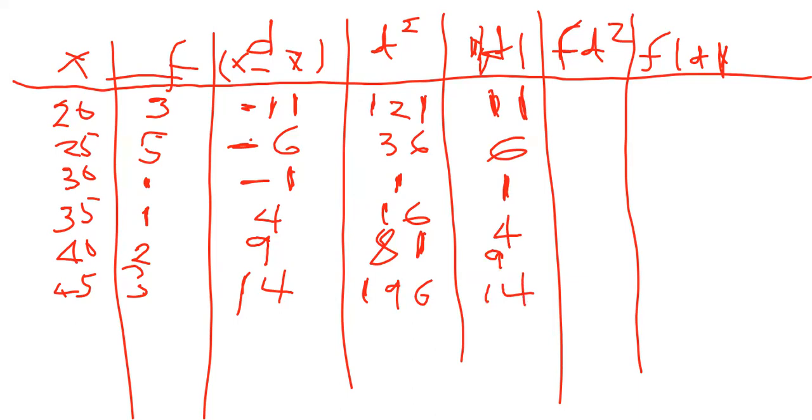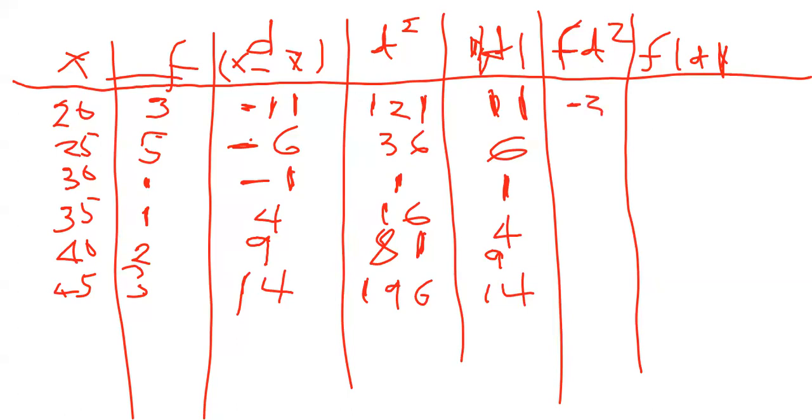So the next thing is to find F times D square. Our F is 3. 3 times minus 11 will give us minus 33.